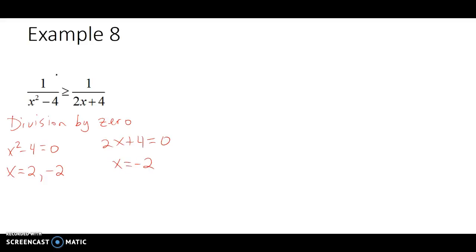So if I'm looking at my solution set on a number line, I'll put it down here, I would have to put an open circle above -2 and 2.